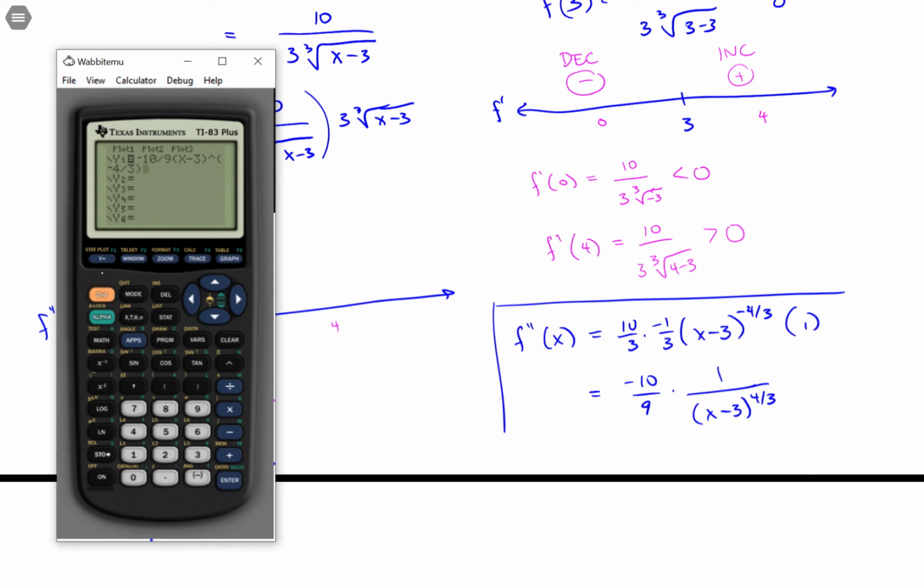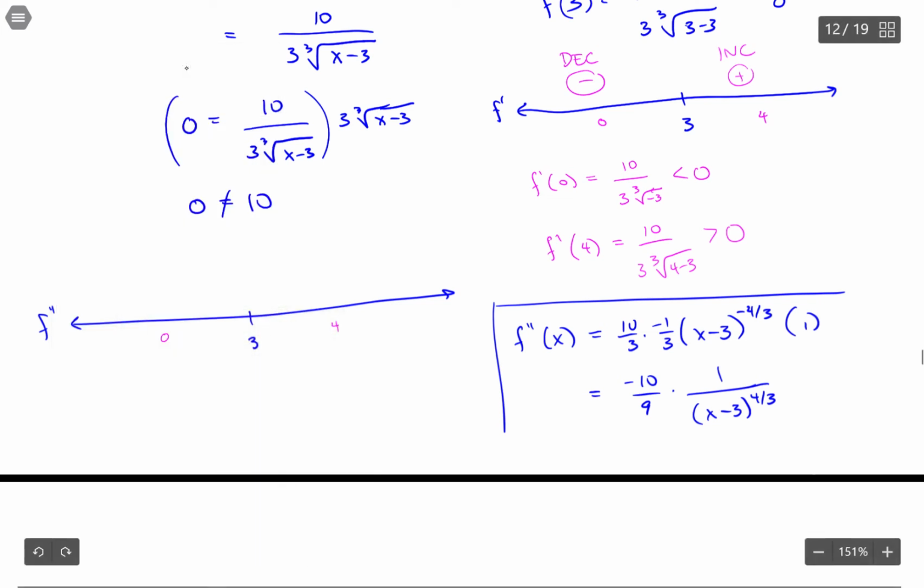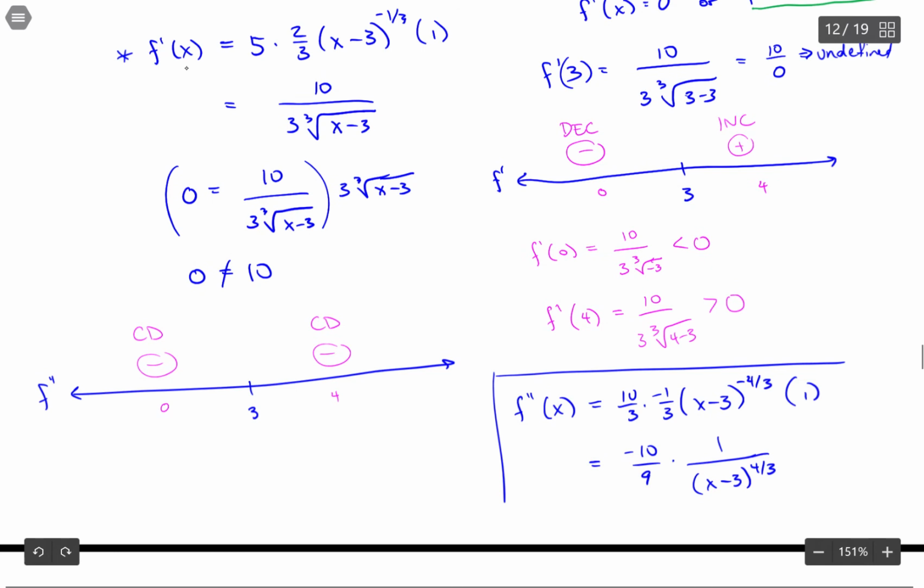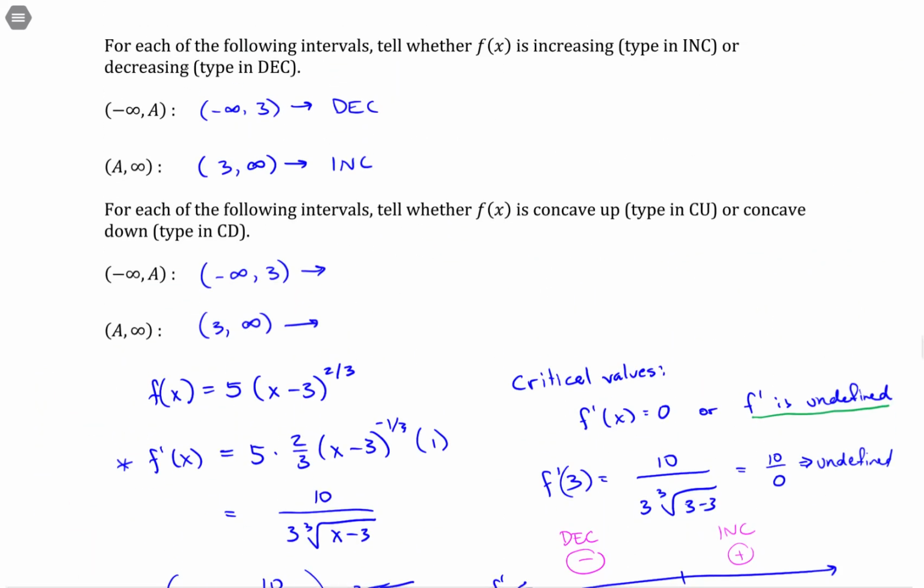Okay, and I'm going to go to the table, delete these values, and all I want to evaluate this at is 0 and 4. And it looks like it's negative on both of those. So that means if it's negative on both intervals, then I am concave down on both intervals. And the question did say to indicate that with CD to represent concave down.